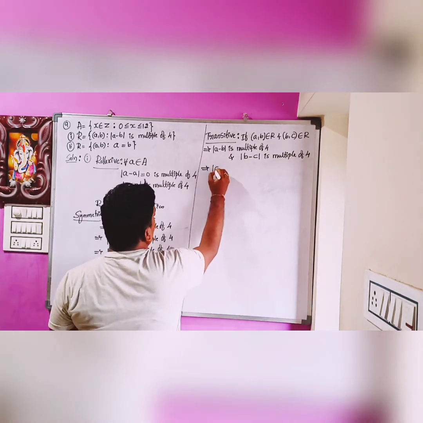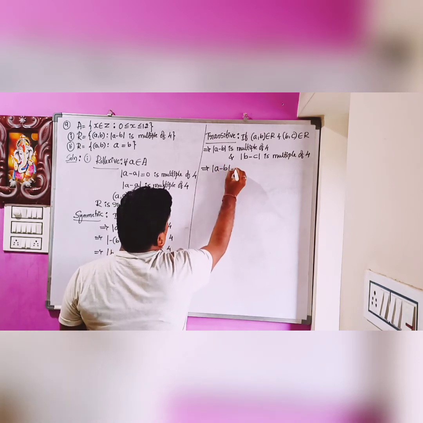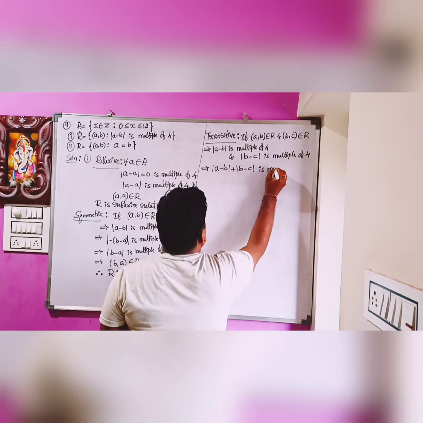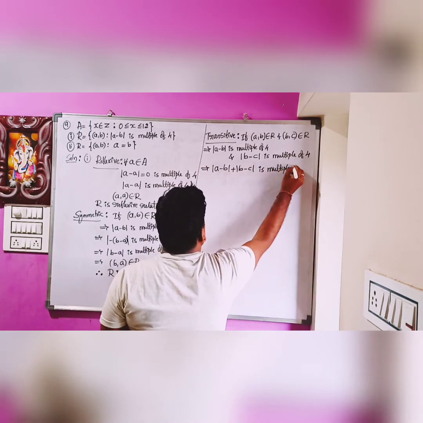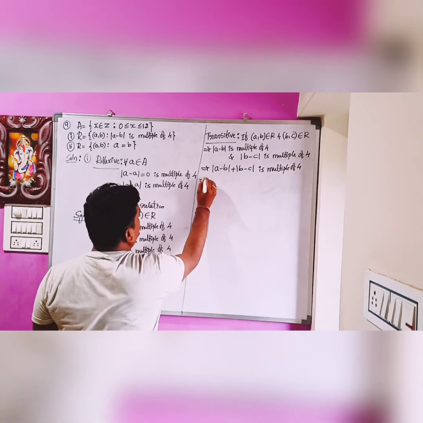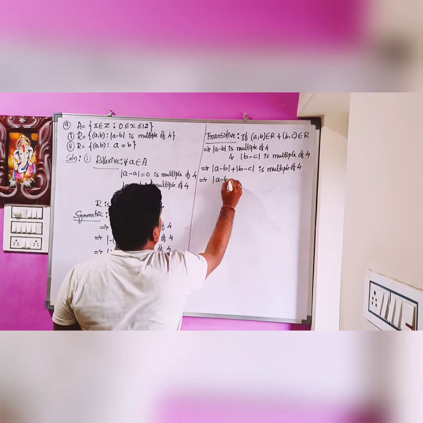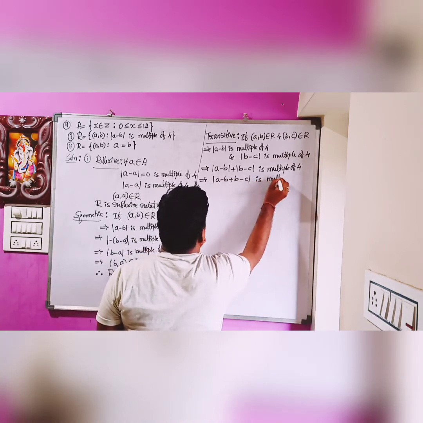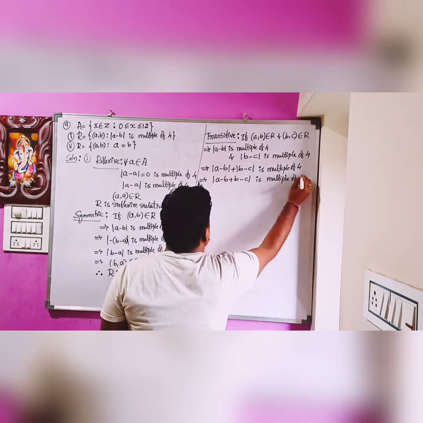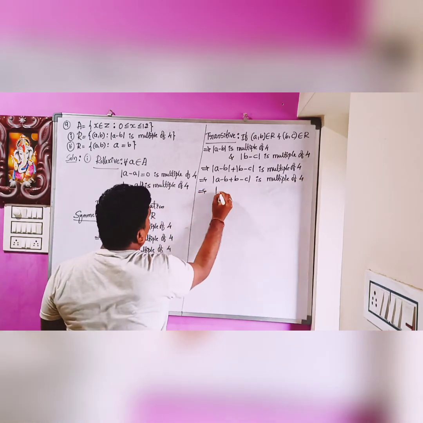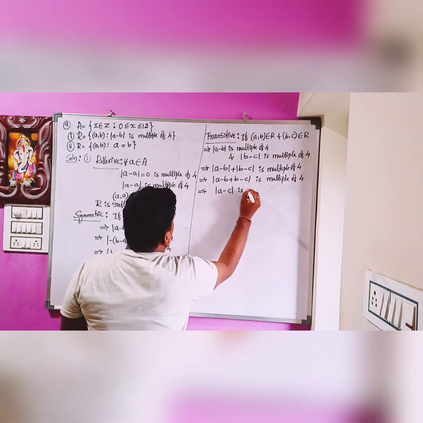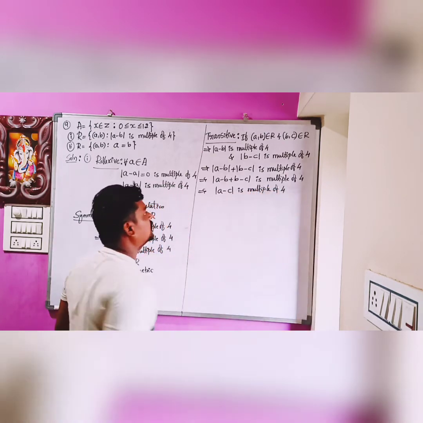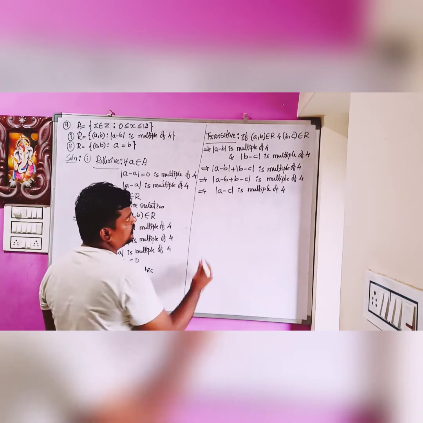Like the addition of these two, mod(a minus b) plus mod(b minus c) is a multiple of 4. If this is a multiple of 4, we can say (a minus b) plus (b minus c) is a multiple of 4. Implies mod(a minus c) is a multiple of 4.